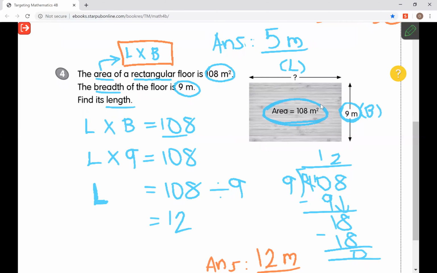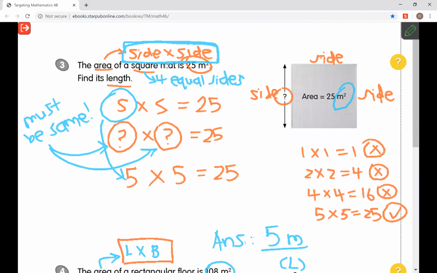So please remember all your formulas for area and perimeter of squares and rectangles. It's very, very important to help you in the next few lessons that we'll be having. So area of rectangle, length times breadth. Area of square, side times side, where both sides need to be the same.